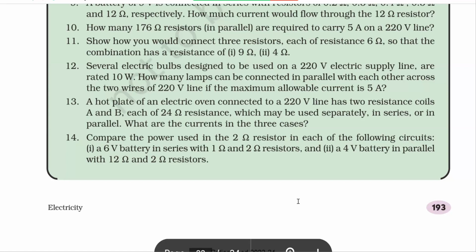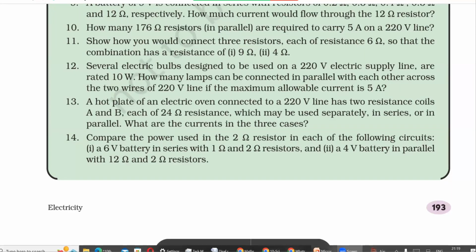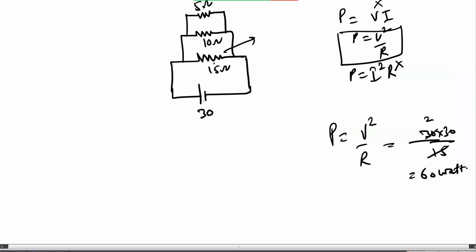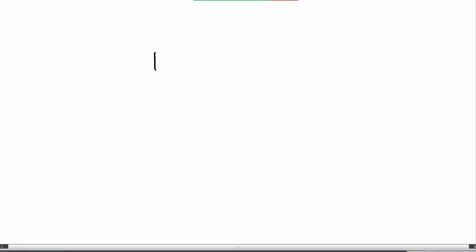You have to compare the resistance. 2 ohm resistors used in parallel with 1 and 2 ohm resistors connected in series with 6-volt battery.